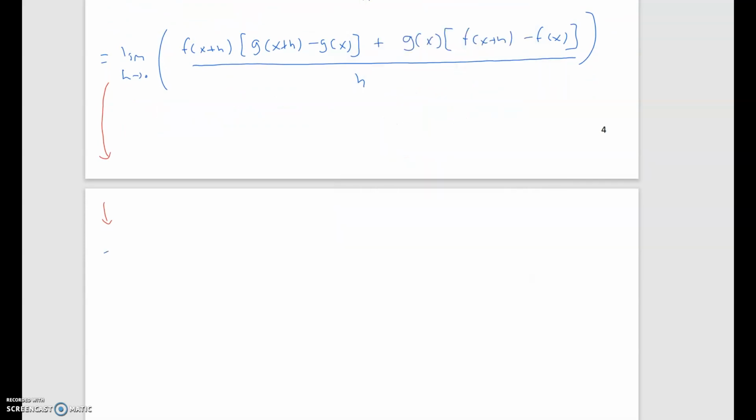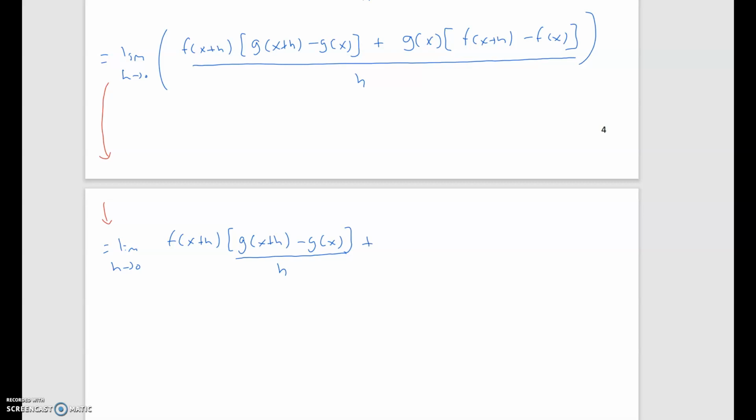And this is equivalent to the limit as h approaches 0 of, we still have the f of x plus h, and then I'm going to express the numerator as g of x plus h minus g of x, and then I'm just going to put this over h.